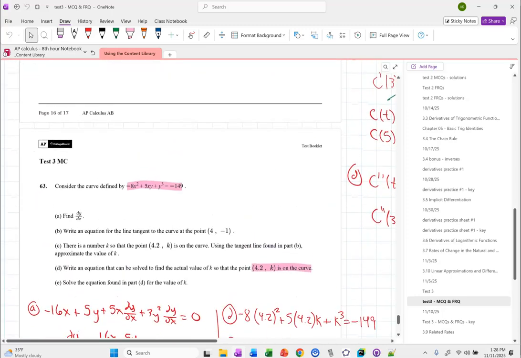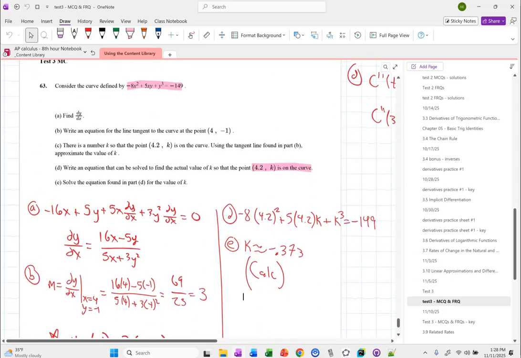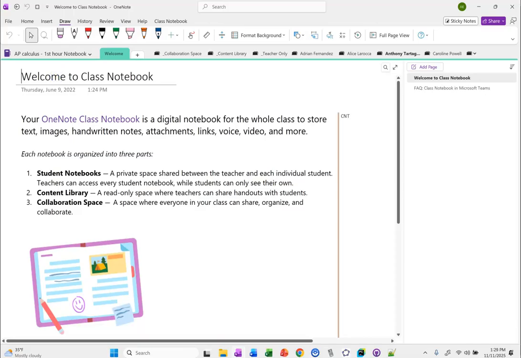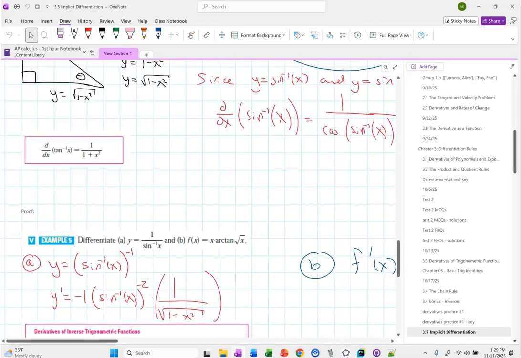Did we do this last time? What did I do here? This is the 8th hour notebook. Did I do first hour's in the wrong notebook or something? Do we not do this problem in here? No, okay. Well, here's what we're gonna do.